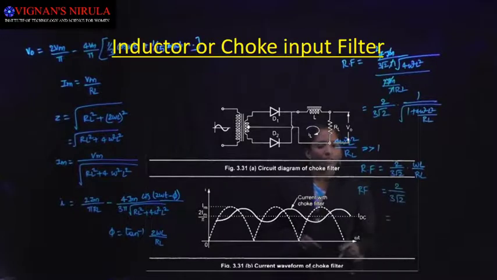This is approximately equal to the full wave ripple factor without filter, so there is no use of using the filter. So we should consider the load resistance to be small. The application of the inductor filter is where the resistor value is low.